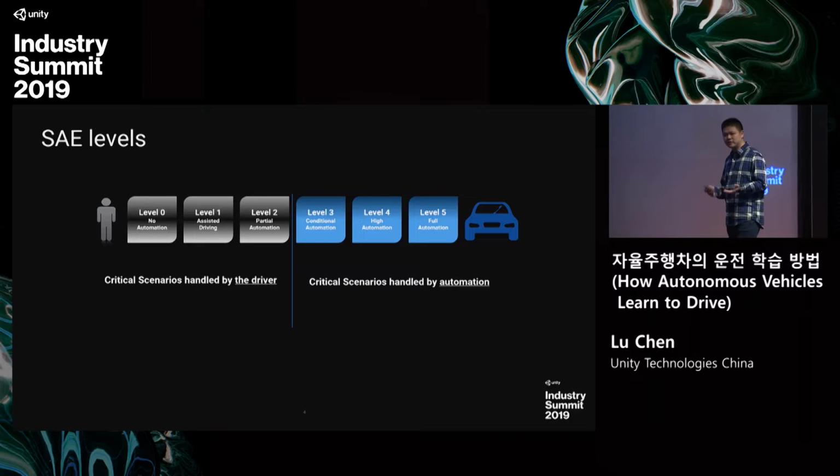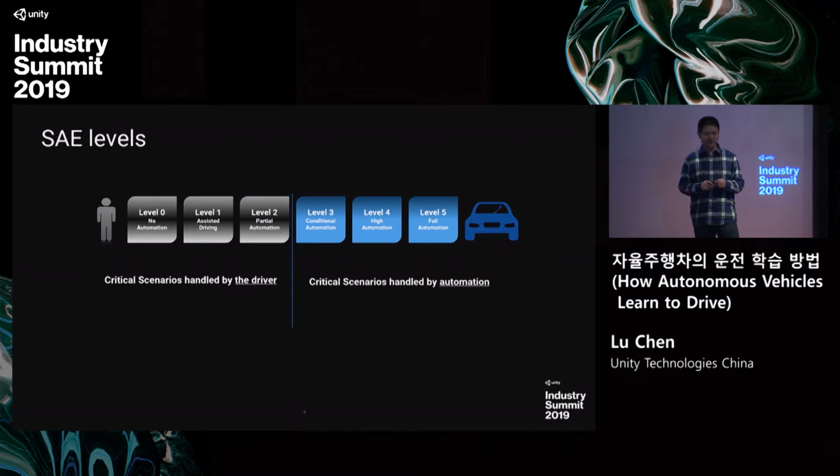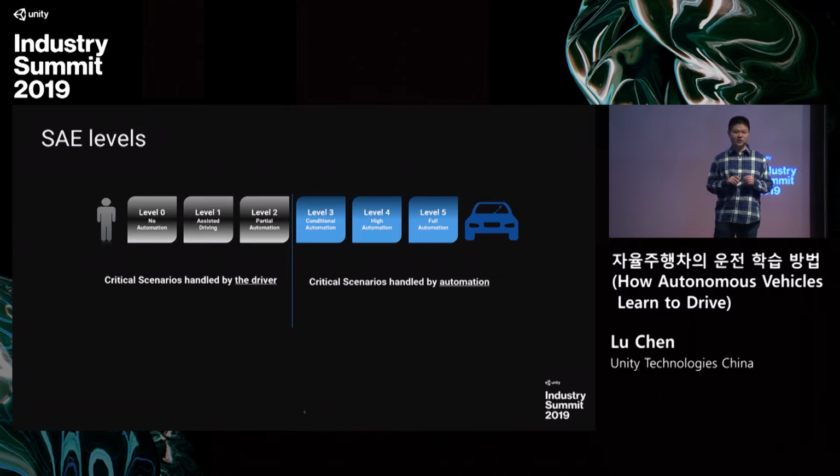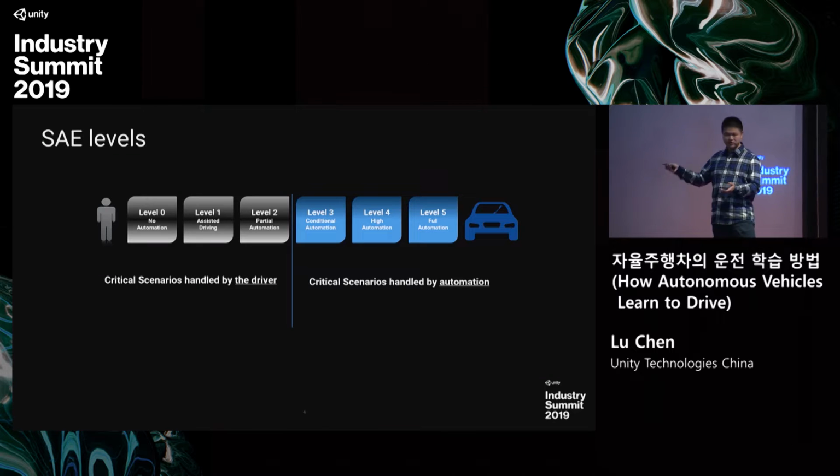Talking about the autonomous vehicle, maybe someone says, it's just a car that can drive by itself without a driver. That's true. But frankly speaking, we cannot reach this goal directly. It will be step by step. So here are levels, depending on the degree of automation. Level 0 is manual.